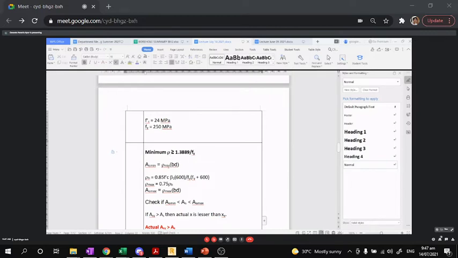And then we go directly to A is mean. What is the minimum reinforcement required? So you multiply that by BD, which is 1,000 times 1,000 times 125 for the D. And that is equal to 694.